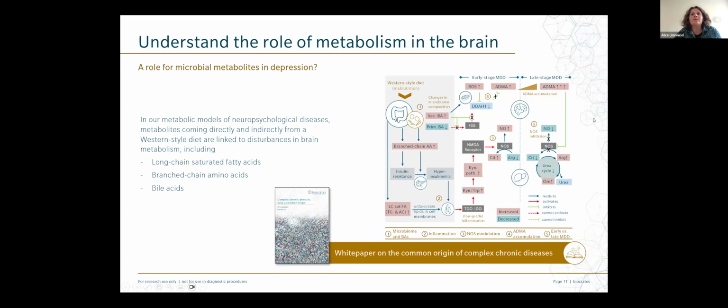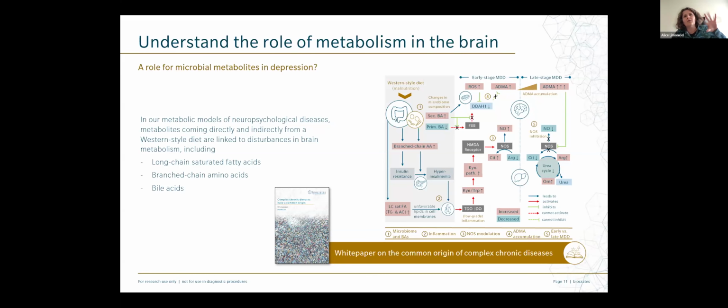And what was really interesting for us was to link that together with metabolomic studies of depression that showed in several independent studies that ADMA, a methylated derivative of arginine, is increased in patients with depression.